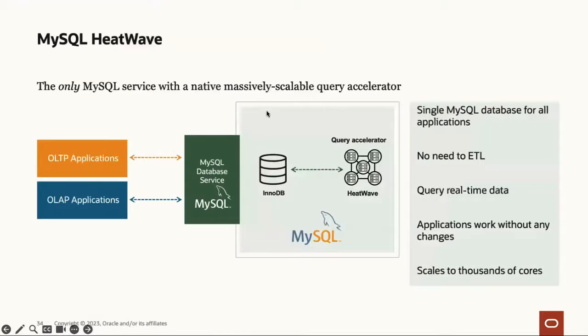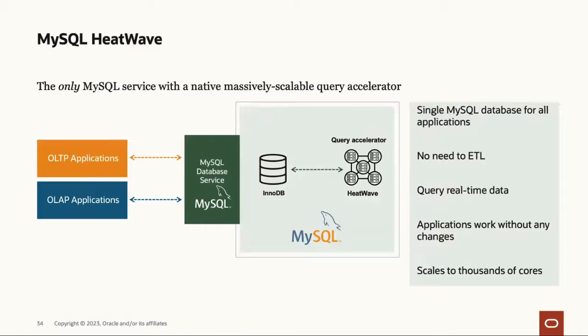So lastly, before we hop into our demonstration, we have the MySQL HeatWave, which is going to be a service in MySQL that is going to do a handful of things. So first thing is that it is going to be a query accelerator.